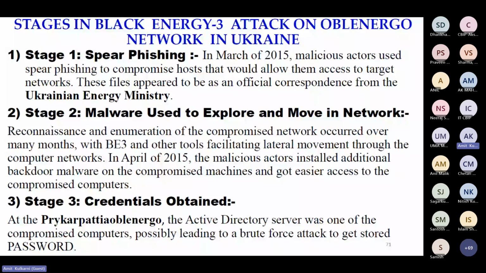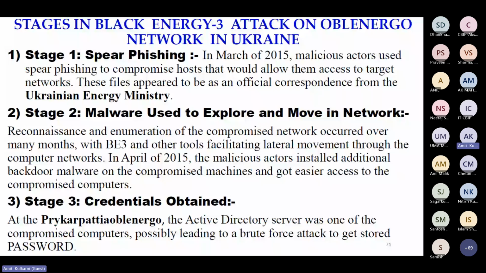The first one is spear phishing. In March 2015, malicious actors used spear phishing to compromise hosts, which allowed access to targeted networks. It sent messages and files posing to be from the Ukrainian energy ministry.